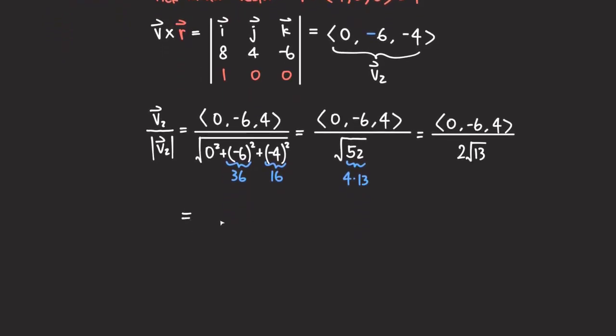We just distribute this into each component here. The first component is still 0, and then -6 divided by 2, we get -3 over the square root of 13. And then the 4 and the 2 cancel out, so we just get 2 over the square root of 13.